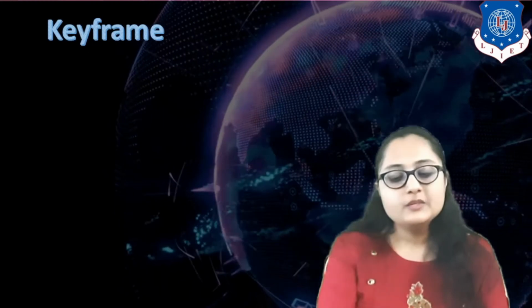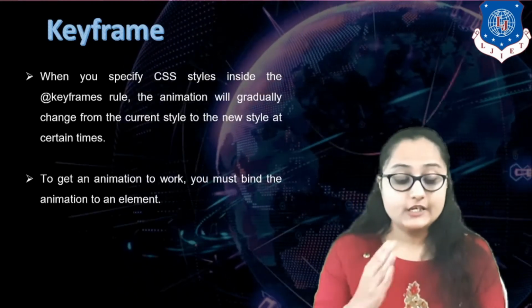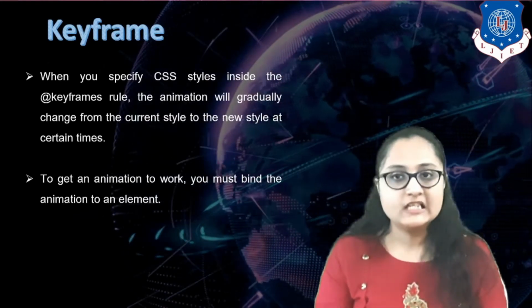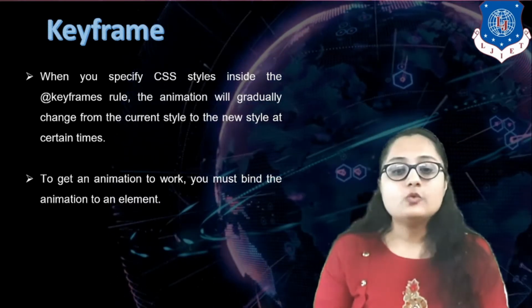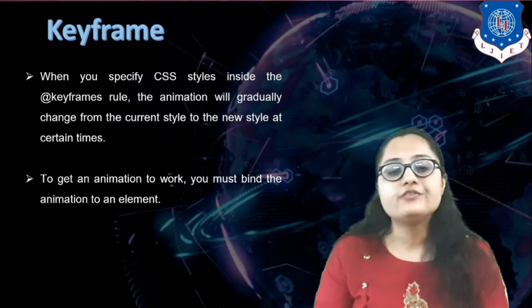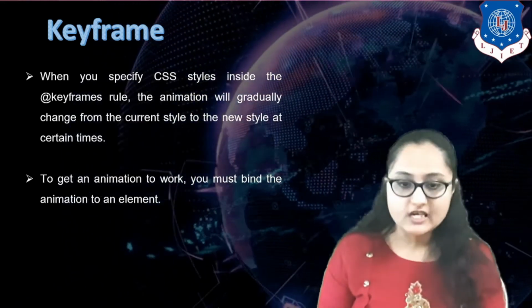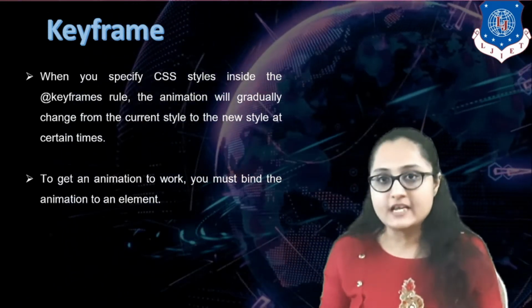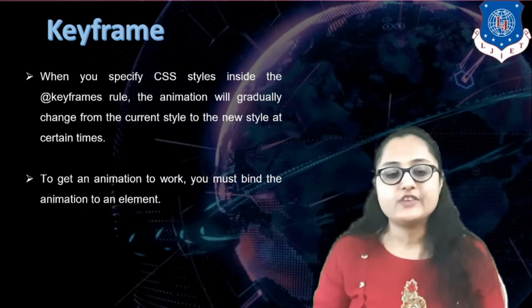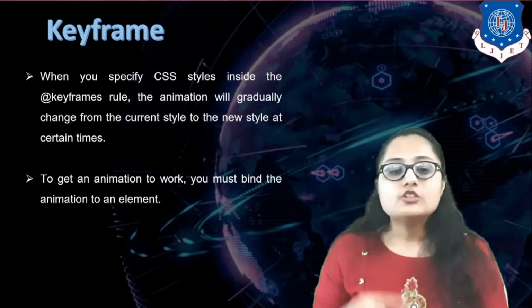I told you that if you want to give animation in CSS, you have to specify a keyframe rule. This animation will gradually change from the current style to a new style at a certain time, and that you have to specify inside a keyframe.